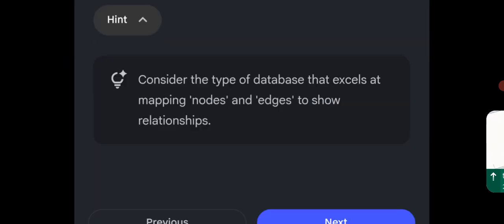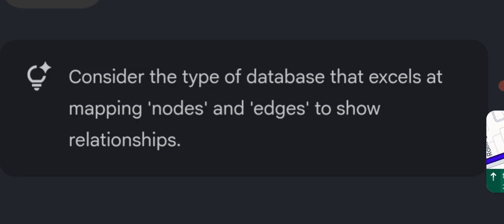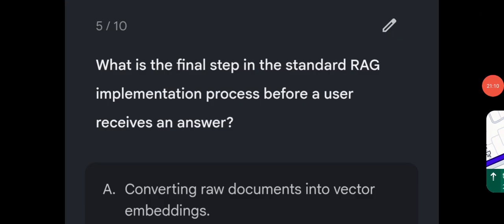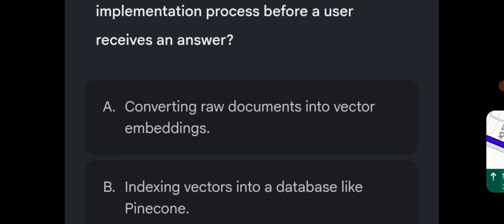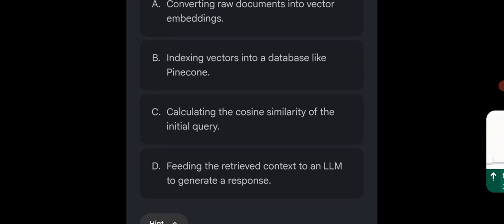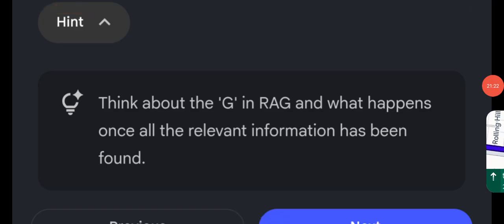Here are the options, and here is the hint. Next question: what is the final step in the standard RAG implementation process before a user receives an answer? Here is the hint.